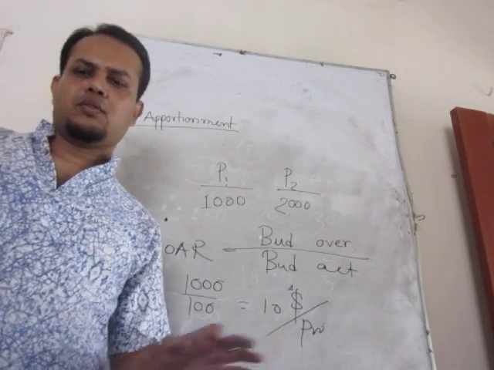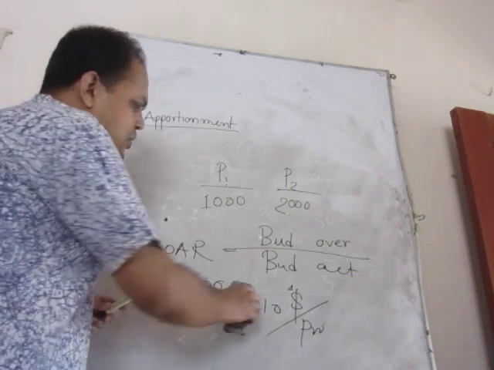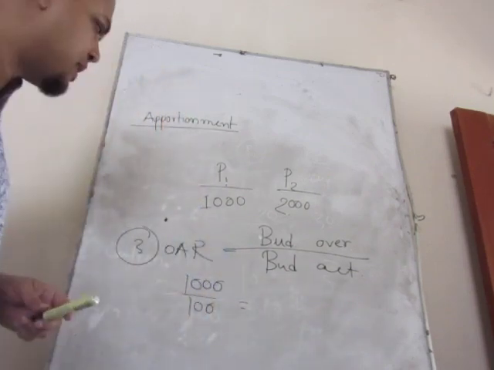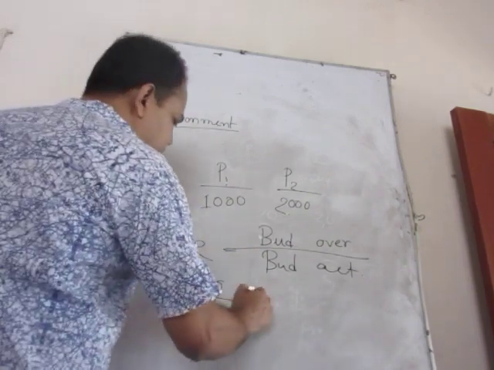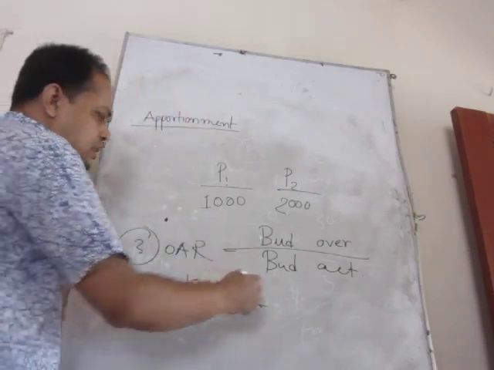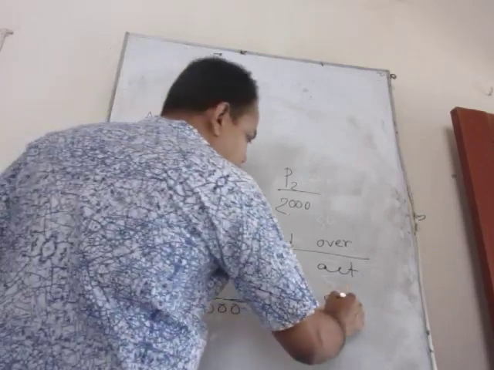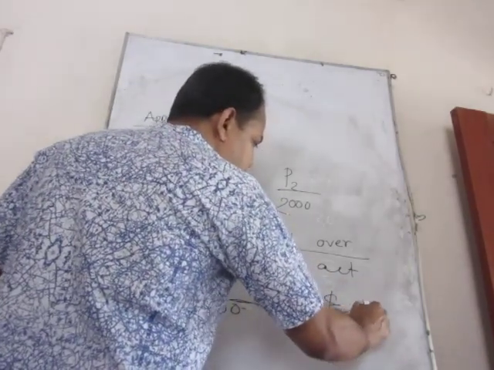Clear? So normally, suppose as for example your total indirect cost is 10,000, so $0.1 per dollar of prime cost.